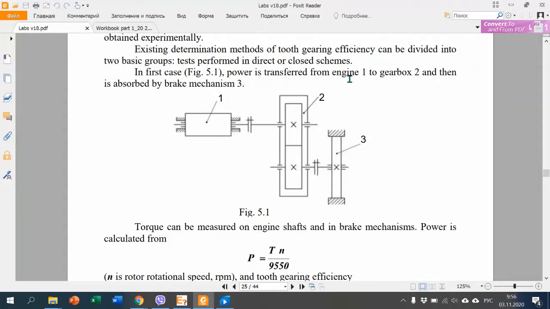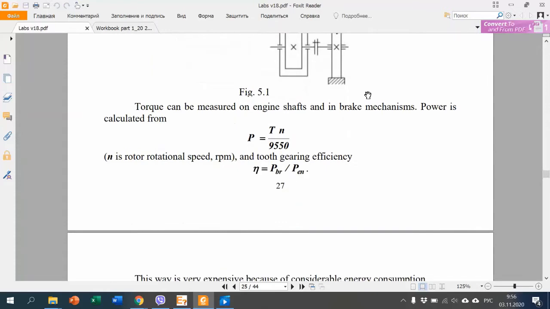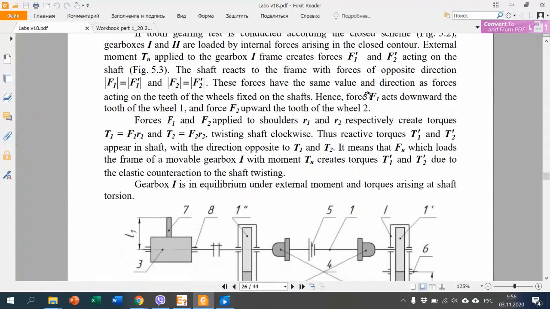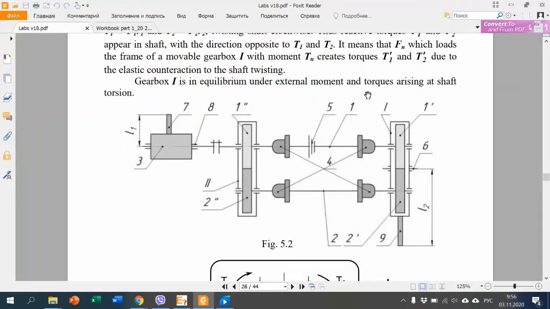So in such case we need something else. And another way is the so-called closed scheme.